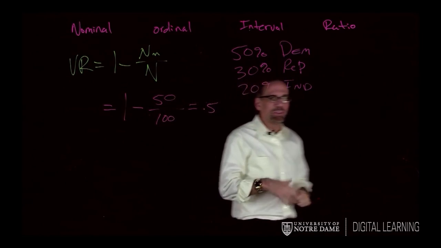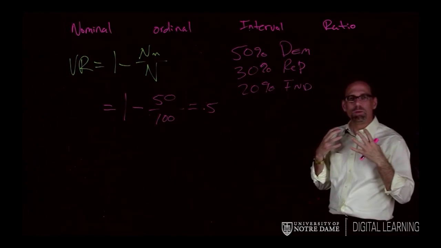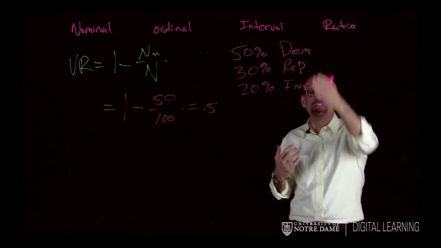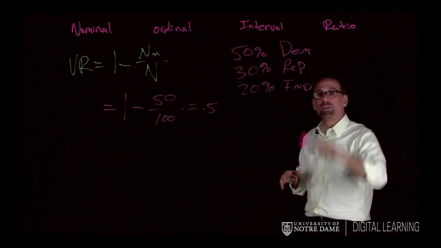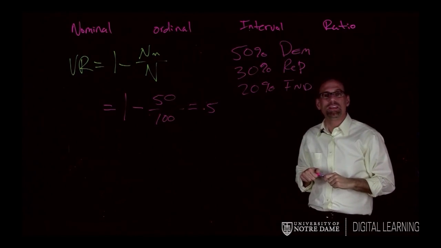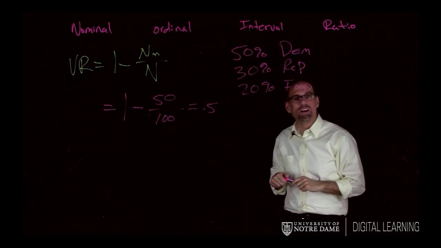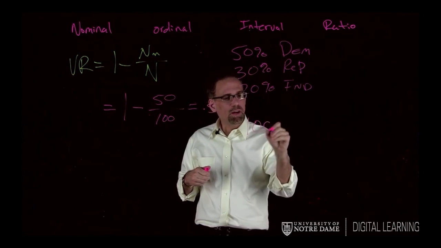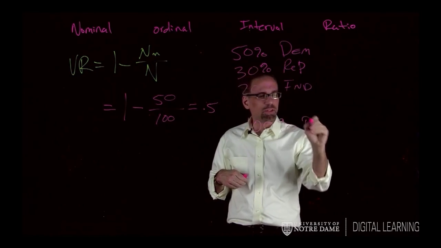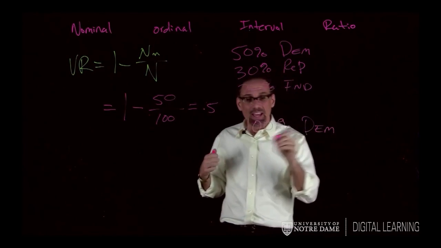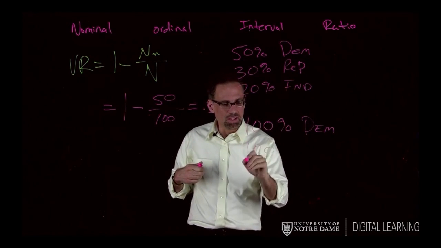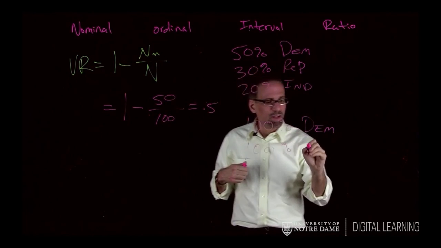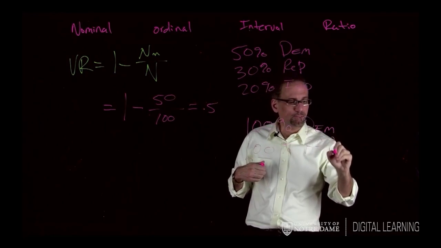Well, it turns out that actually things were a little bit more concentrated in these precincts than you would generally expect in an urban setting. It actually turned out that in those precincts, 100% of the voters were Democrats, and if you look at it by race, 100% of them were African American too.